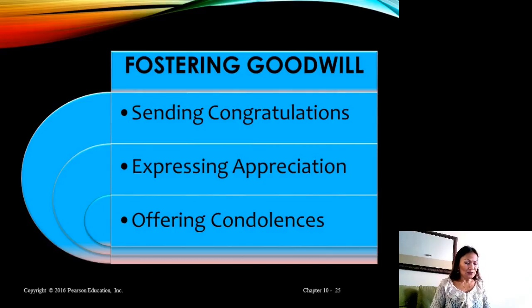While all business messages should promote positive relationships with audiences, some messages are written especially to build goodwill. You can enhance your relationship with customers, colleagues, and others by sending friendly, even unexpected notes with no direct business purposes.